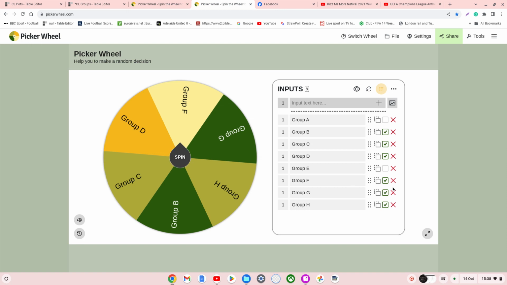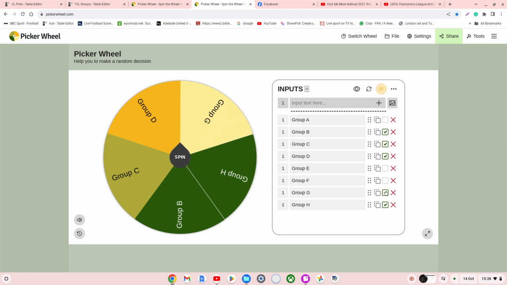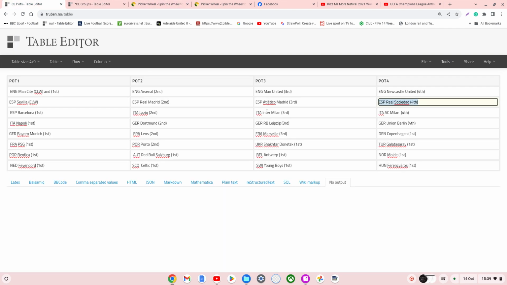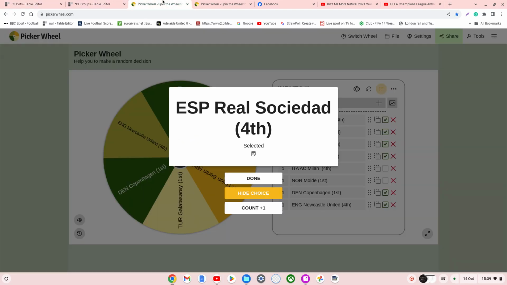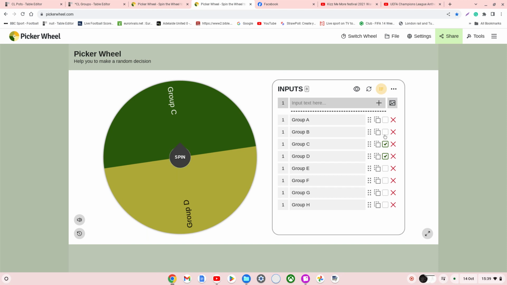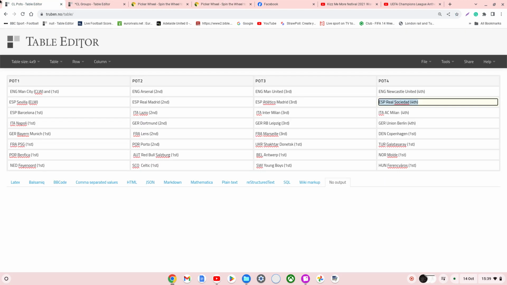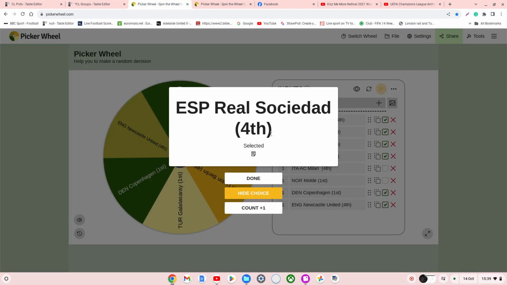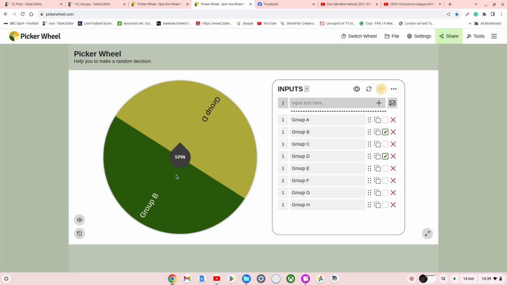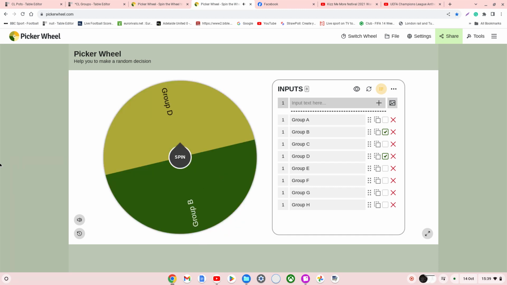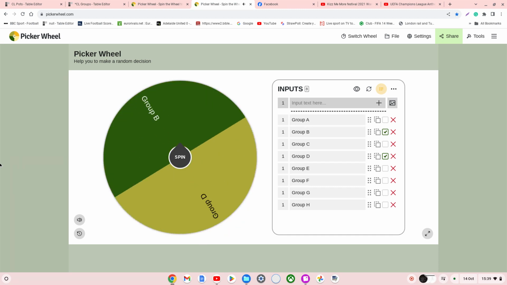So let's remove these 3. And they can't be in Group C because of Barca. So they only have 2 available options: D or B. Who's it going to be?